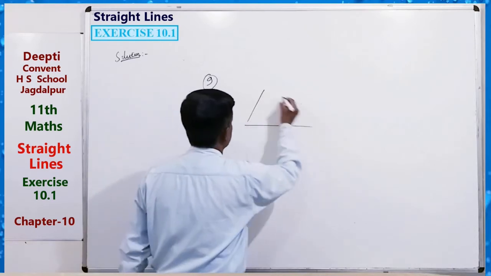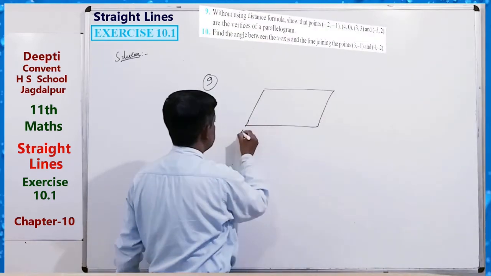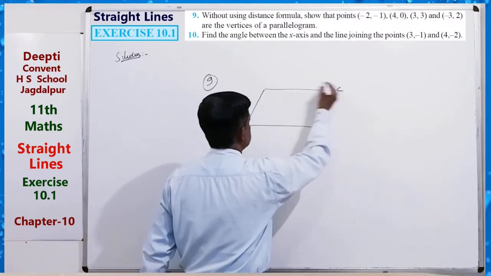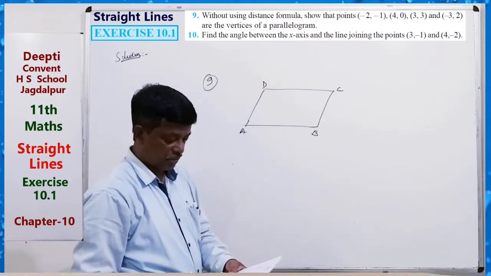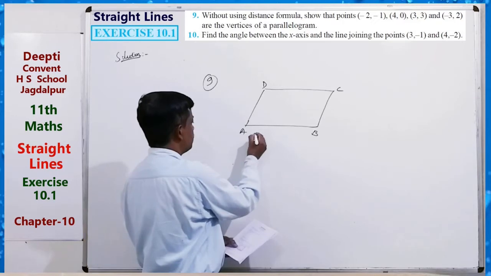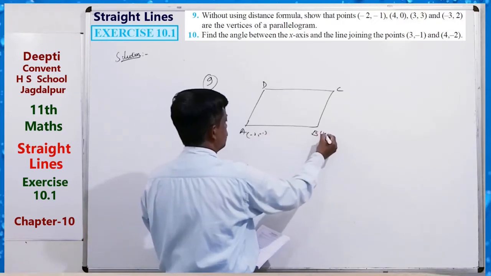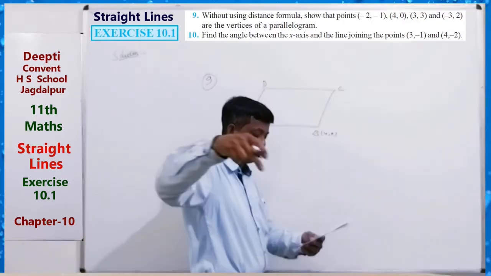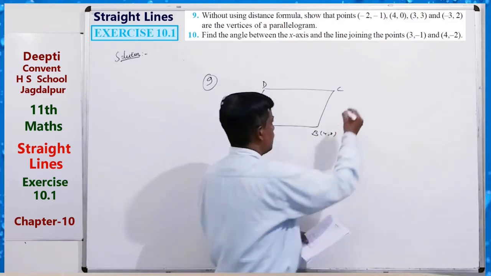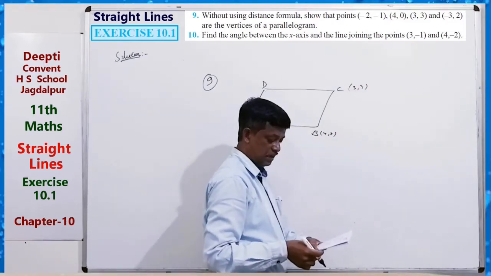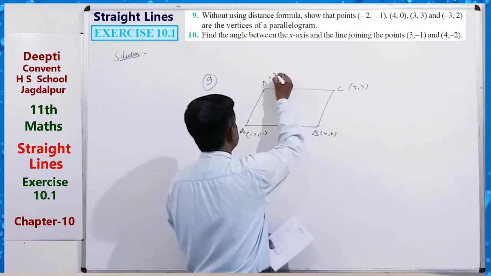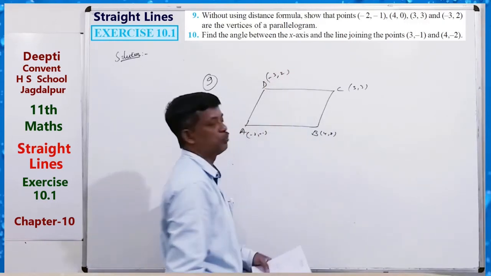Suppose this is parallelogram ABCD. The points given are (-2, -1), (4, 0), (3, 3) and (-3, 2).